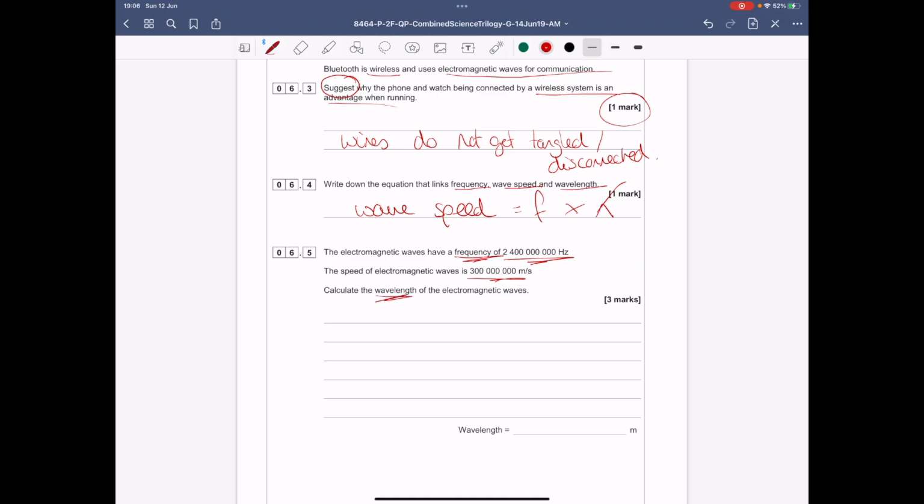Calculate the wavelength. Well, if I'm doing wave speed equals frequency times wavelength, I want to make wavelength the subject of the equation. So in order to get wavelength by itself, I would do the inverse, the opposite of times by frequency. So I would divide by frequency. Therefore, wave speed divided by frequency equals wavelength.